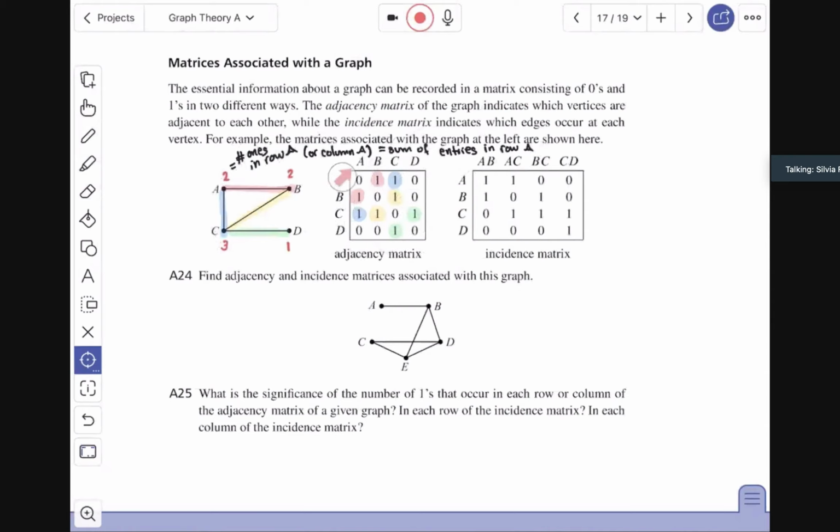So what's the total sum of the entries in the matrix? Is it 8? 8. And so that's the sum of these numbers, right? 1 plus 2 plus 2 plus 3, 8. So that's the sum of all the degrees. We have a theorem for that. What's the sum of all the degrees?